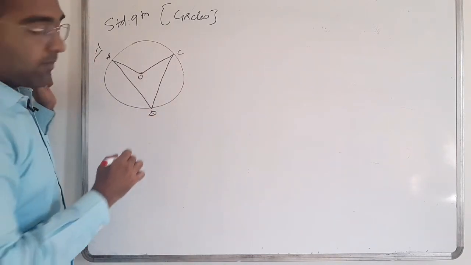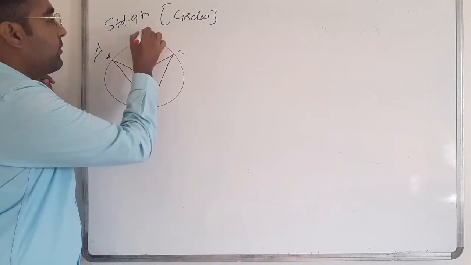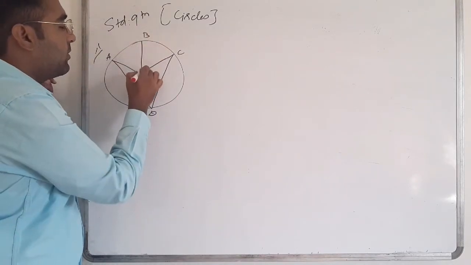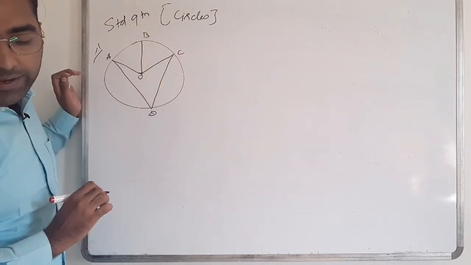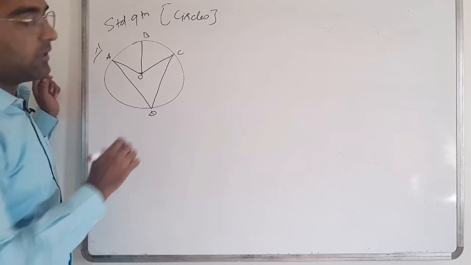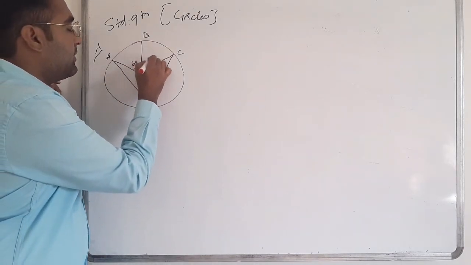Clear that? Now a line BO, a radius, divides the angle at the center into 60 degrees and 30 degrees. This is 60 degrees and this is 30 degrees.